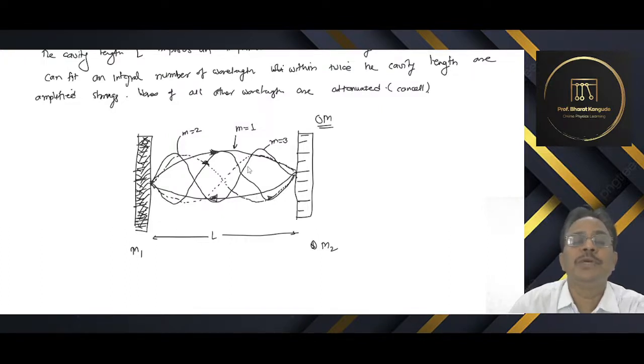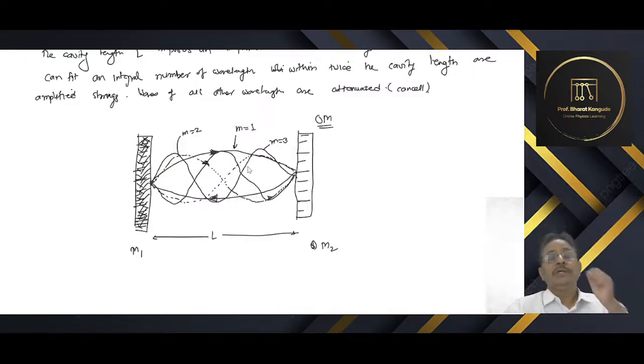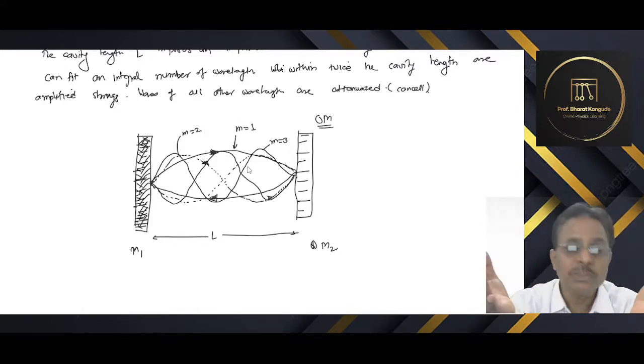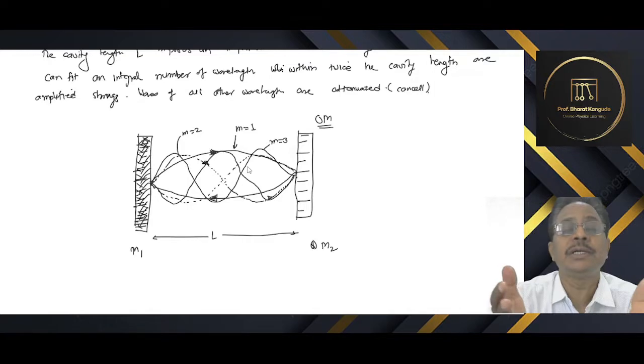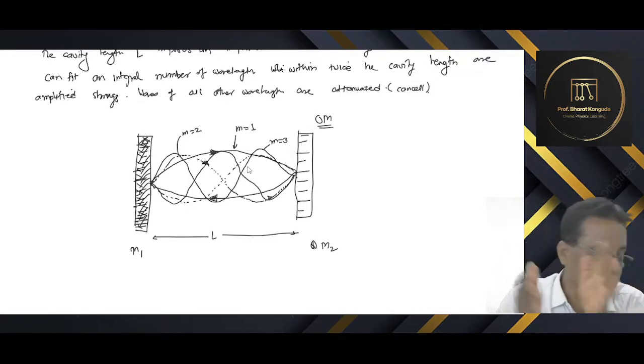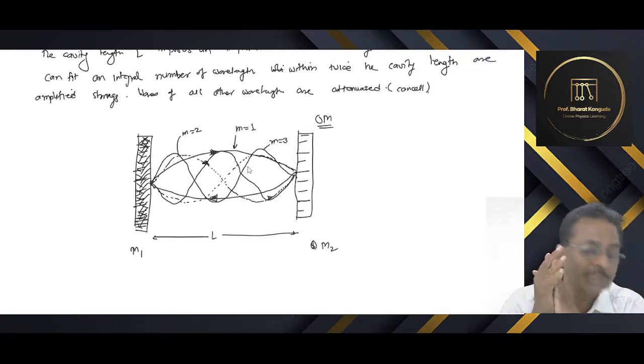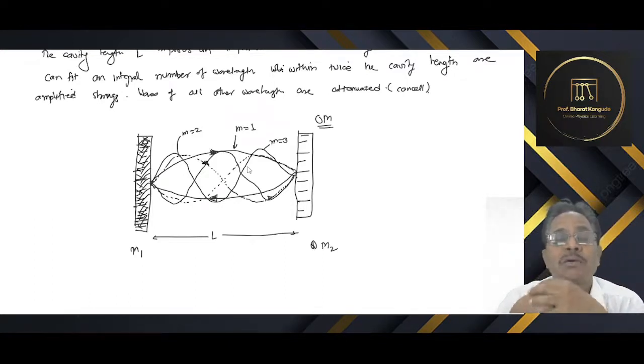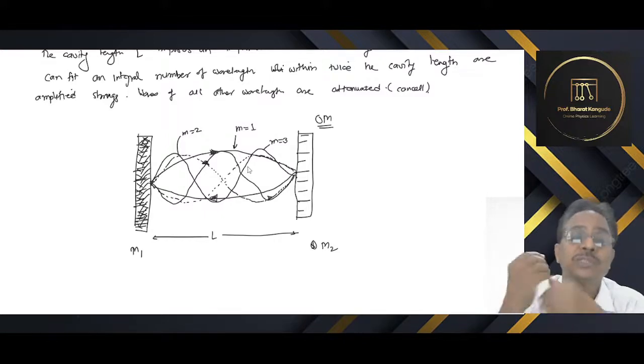So this is m is equal to 3. Now you can understand this type of standing wave pattern will be generated. So this is the condition called the condition for steady state oscillations, and therefore the condition twice mu L is equal to m lambda is called the condition for steady state oscillation.